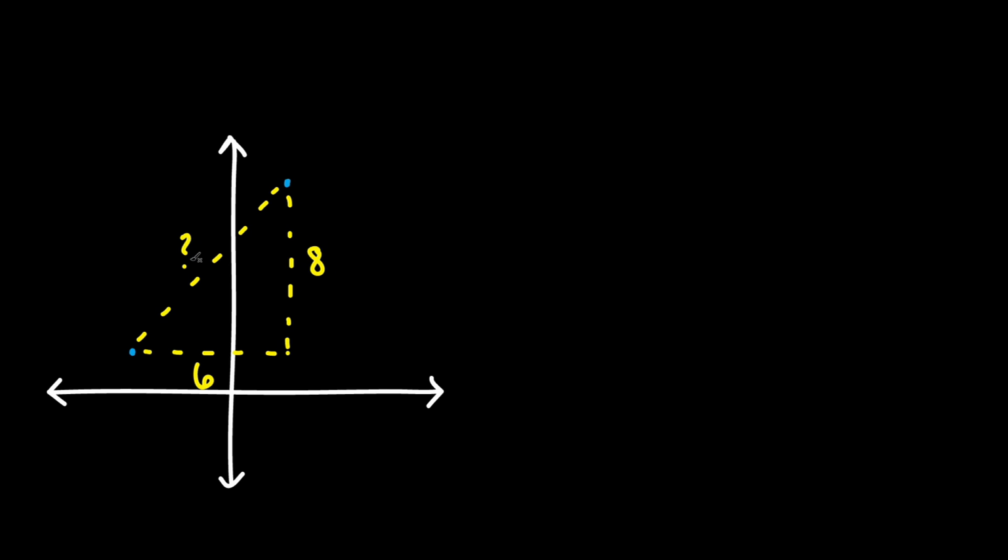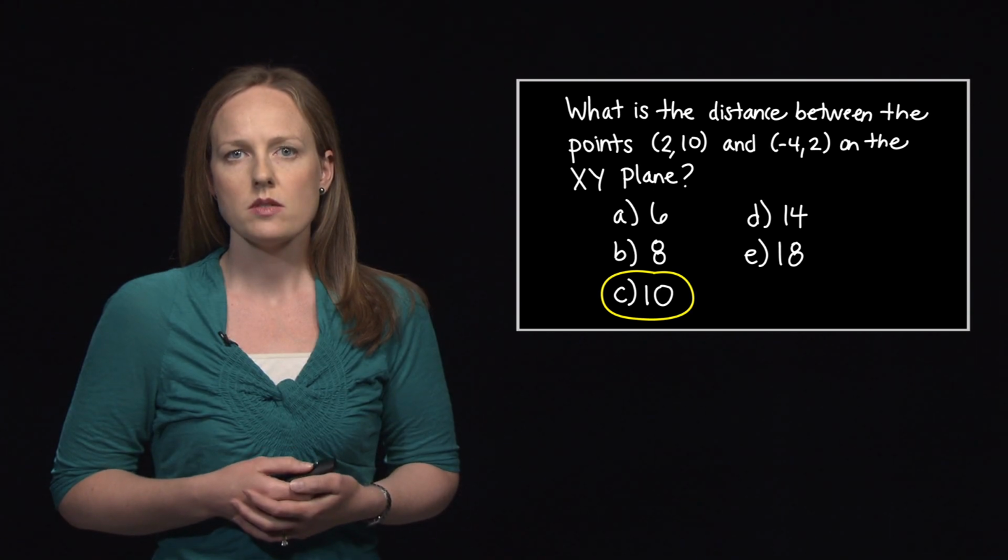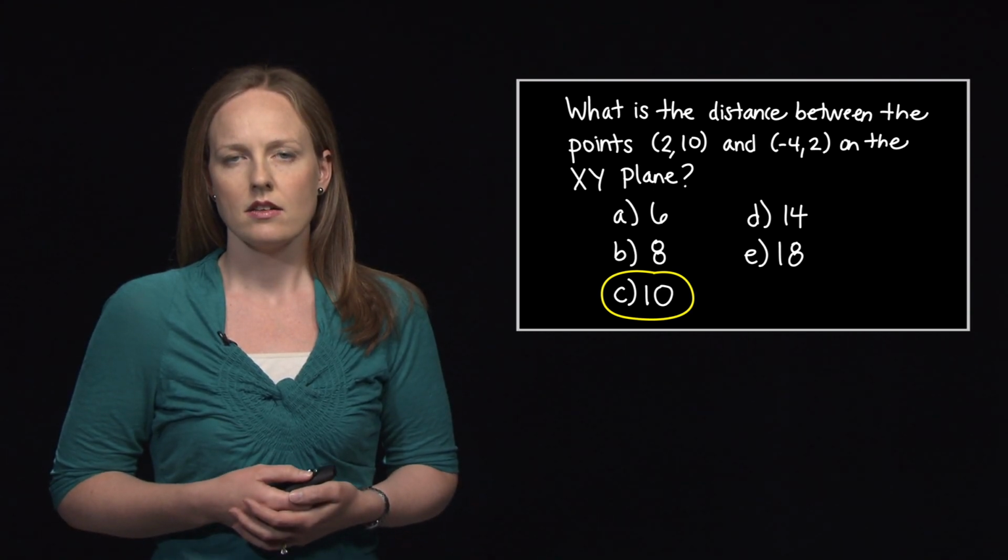The Pythagorean theorem can be expressed as a squared plus b squared equals c squared. In this situation, once we plug in the numbers, we get 6 squared plus 8 squared equals c squared. Evaluating the expression means that c equals 10, which corresponds to answer choice C.